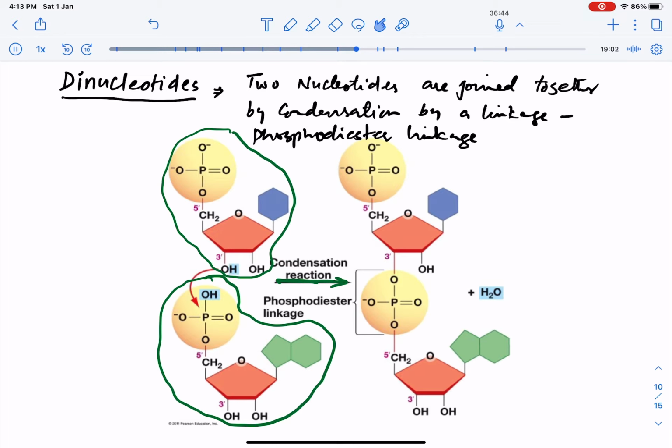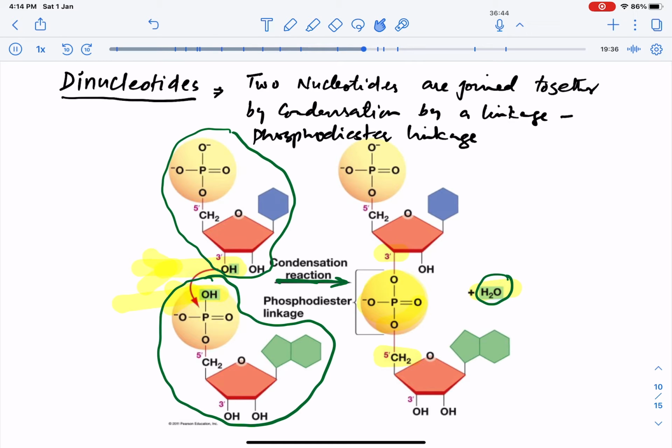This condensation reaction involves a removal of water molecules from carbon number 3 of one nucleotide and hydroxyl group from the phosphate group of the other nucleotide. So a water molecule is eliminated out of it and a bond is formed in between carbon number 5 and carbon number 3 through a phosphate in between them.